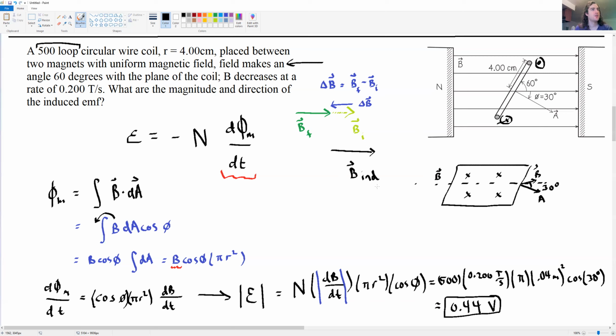So it is this magnetic field that I can then use the right-hand rule for. Use the right-hand rule for B induced to find I induced or E induced.